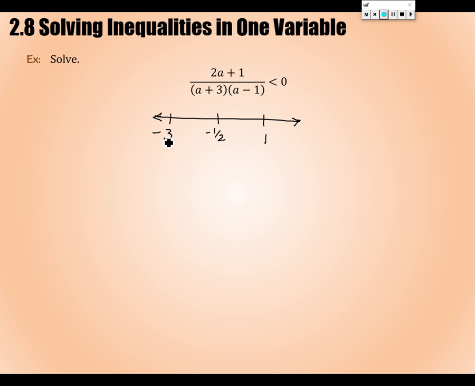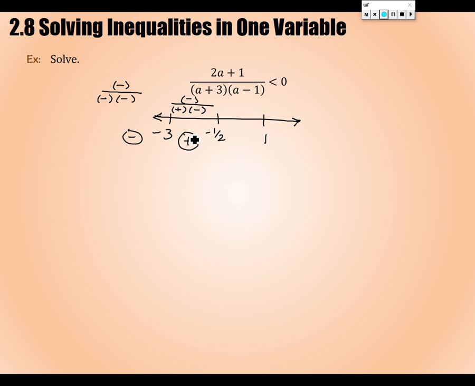If you plug in negative 50, let's say, something over here, what do you get? Negative over negative times a negative. What will that be? So over here, it's negative. In between negative 3 and negative 1/2, say we're at a equals negative 2. What are we getting? Negative over positive times a negative, so that's positive.